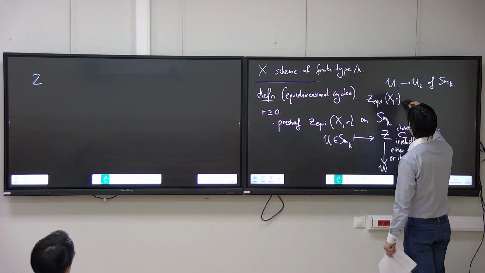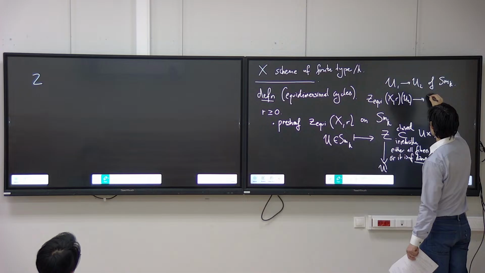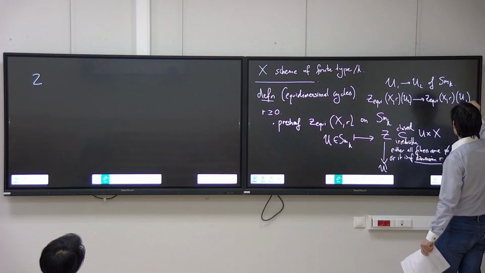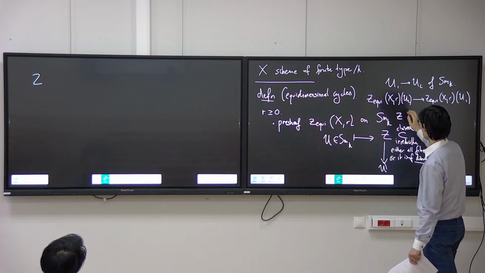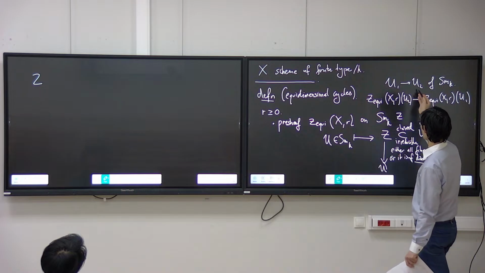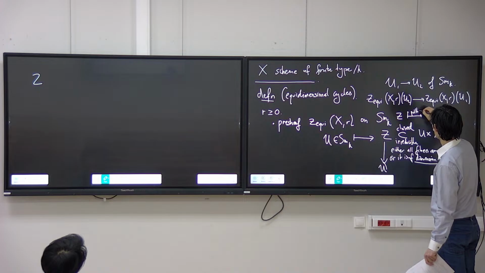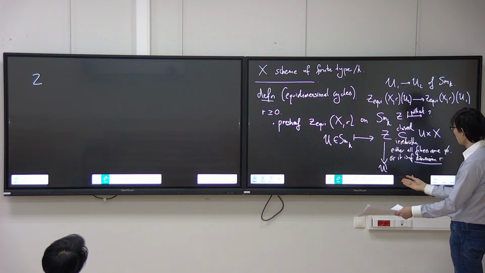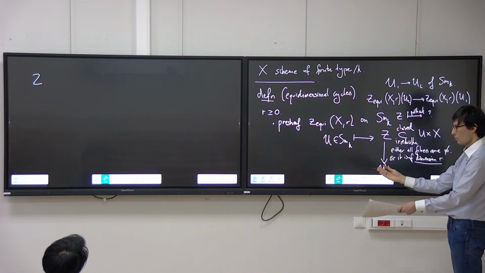But anyway, I should give you a way to map from here to here, so that I actually have a functor, which is a presheaf, right? And the natural candidate is just to pull back. So I have Z here, which lives in U2 times X, and then I pull back along this map, to give something in here. And of course, you can always do the naive pullback. And remember, if you write down what pullback means, you need an intersection product somewhere.